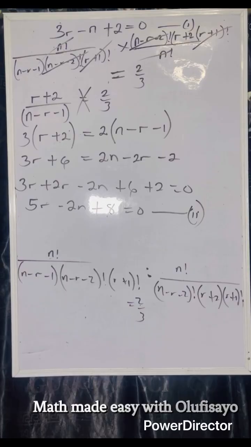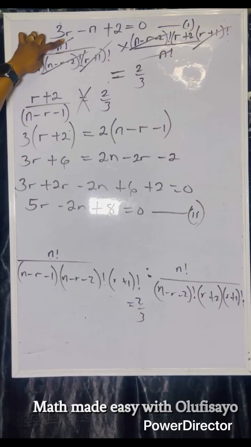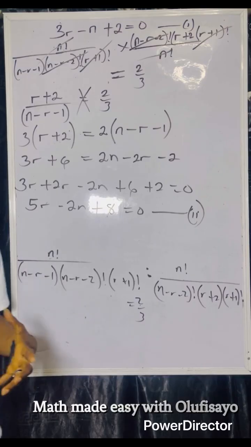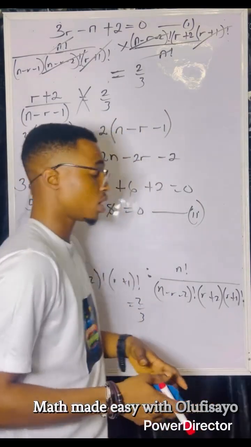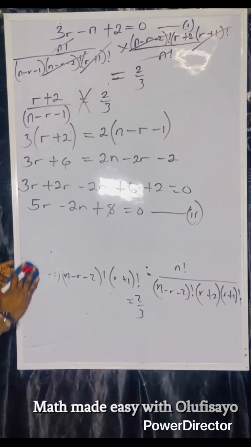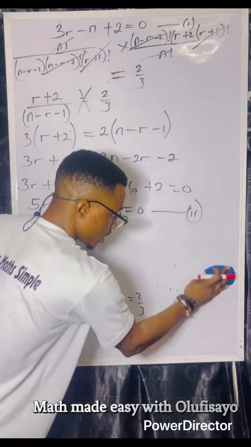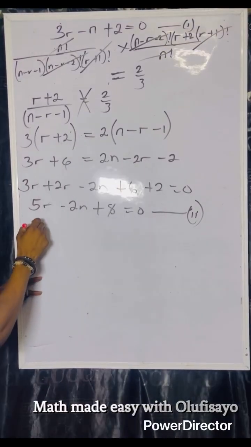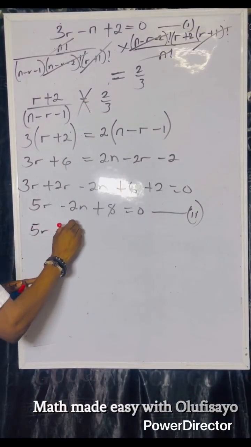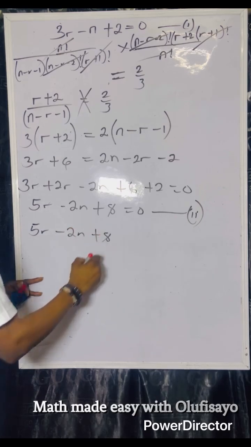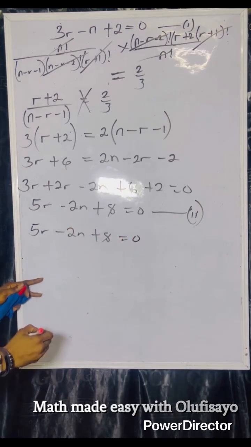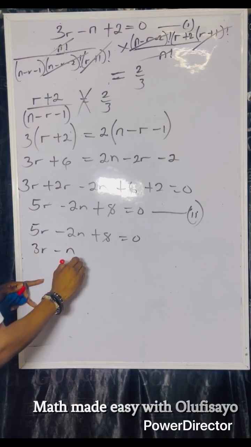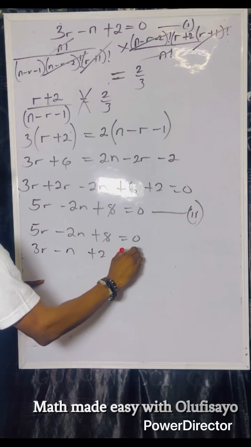Now we can easily get the value of r and n when we compare the two equations together and solve them simultaneously. So for equation 2, we have 5r minus 2n plus 8 equals 0, and equation 1, we have 3r minus n plus 2 equals 0.